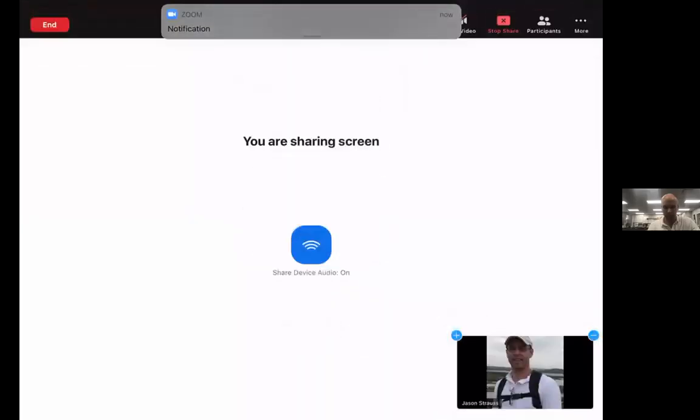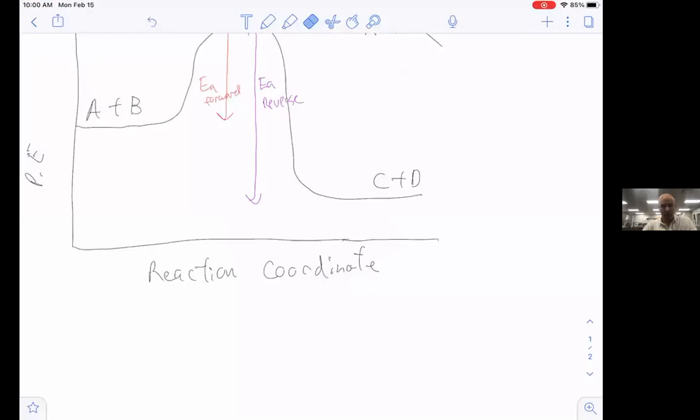So I'm going to switch over to Notability. And the first thing we're going to do is write the equilibrium expression.